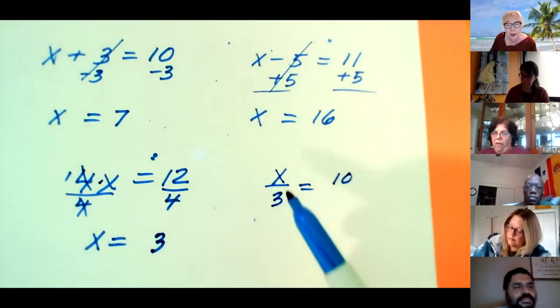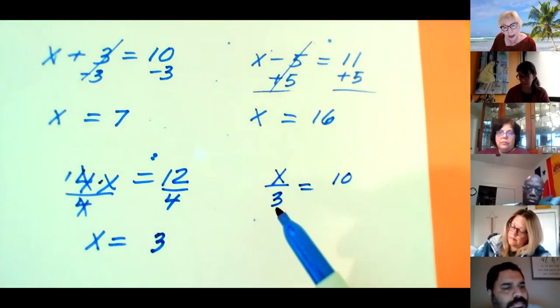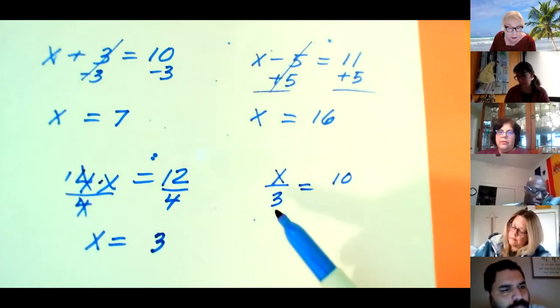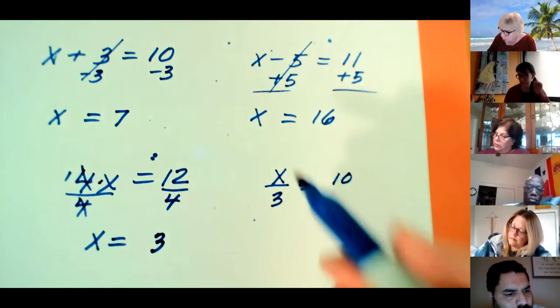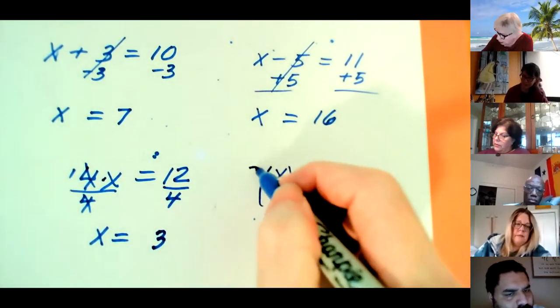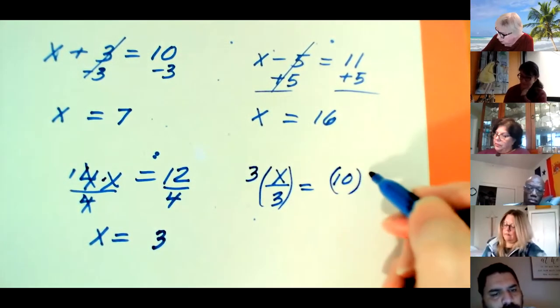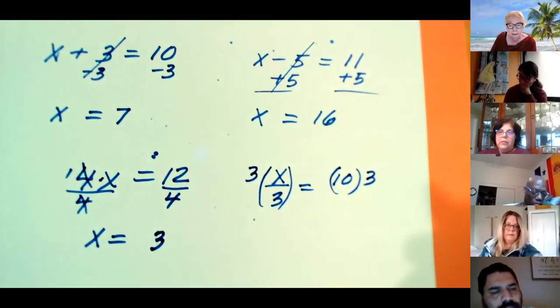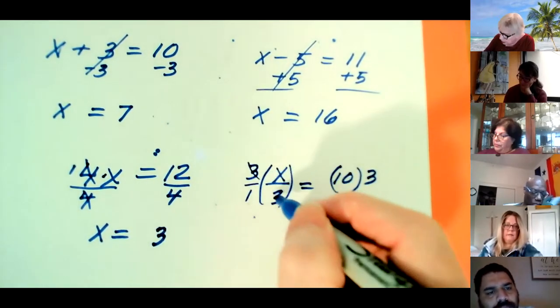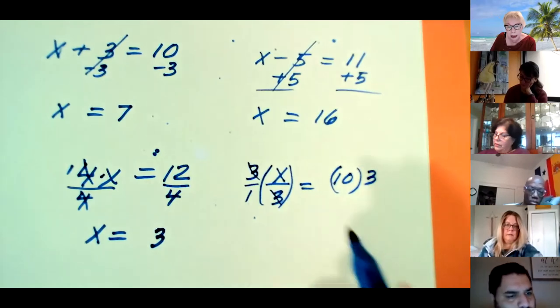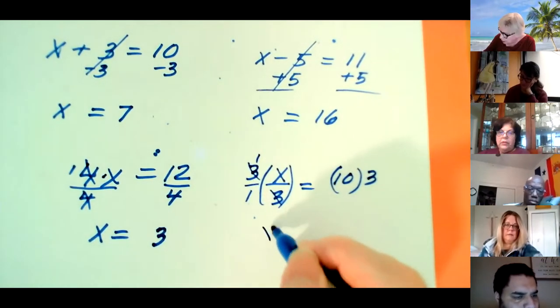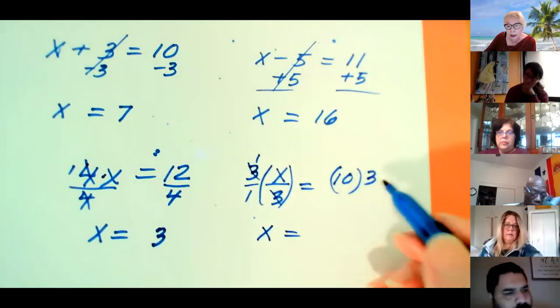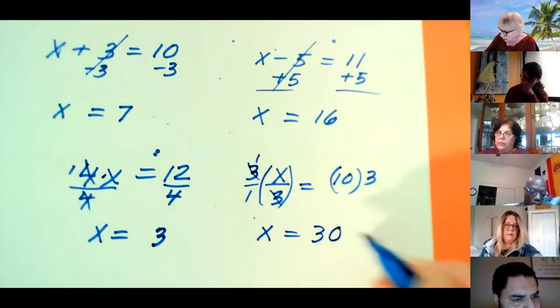If the problem was divide to begin with, what is the opposite of divide? Multiply. So I would multiply by 3, and I would multiply by 3. And the 3's would cancel, and you'd be left with 1x, and 10 times 3, you'd be left with 30.